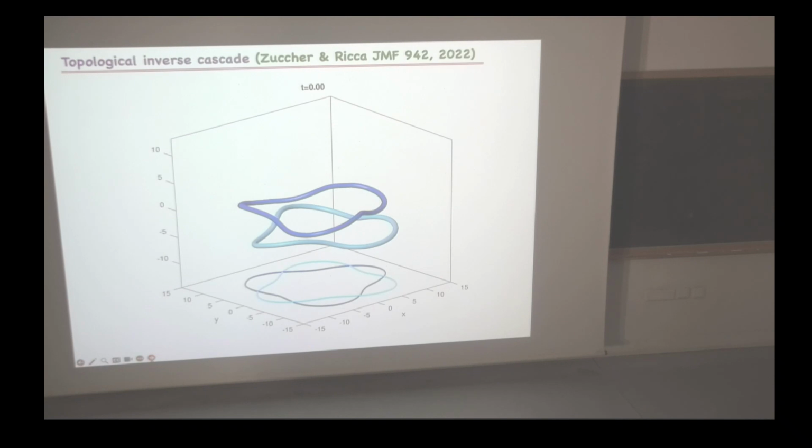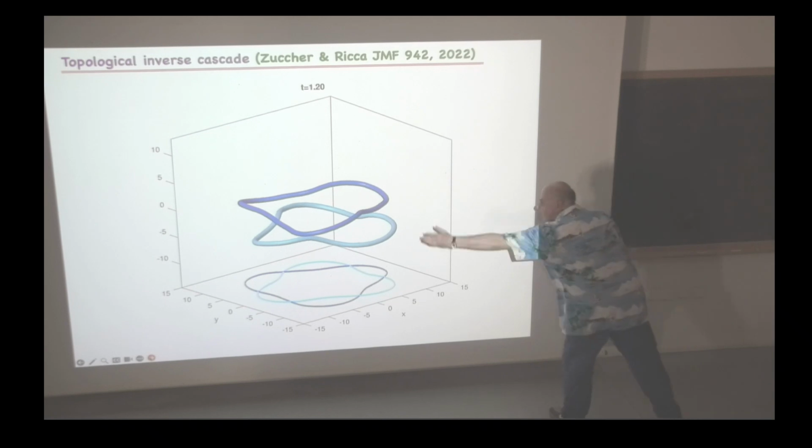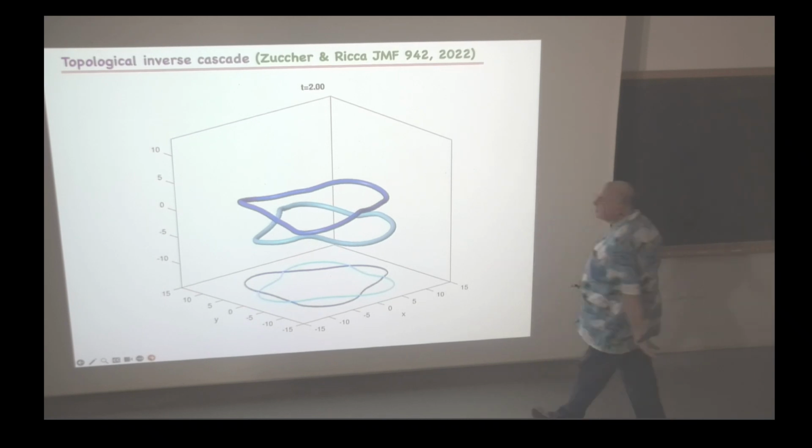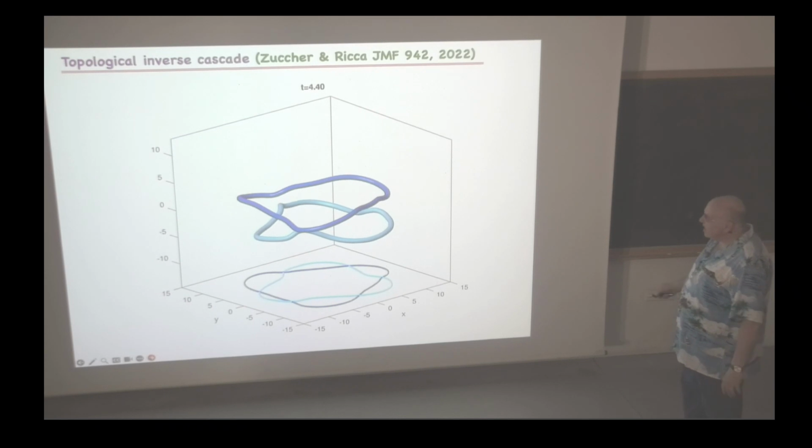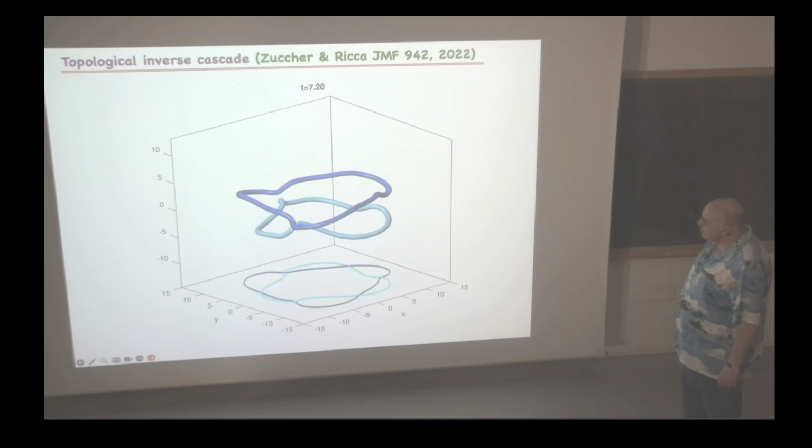So I'm starting from this part of the cascade, and I'm going backwards. Two colors, two loops that are unlinked. Then somewhere a reconnection will take place. Okay, one color.